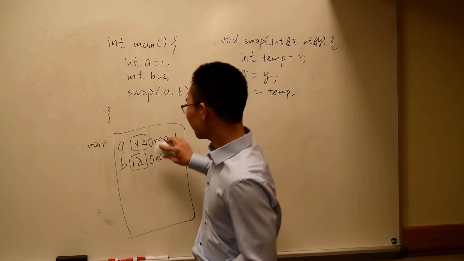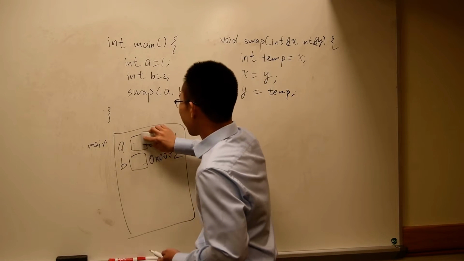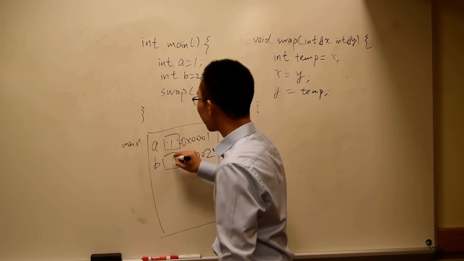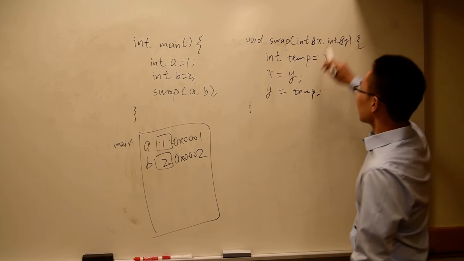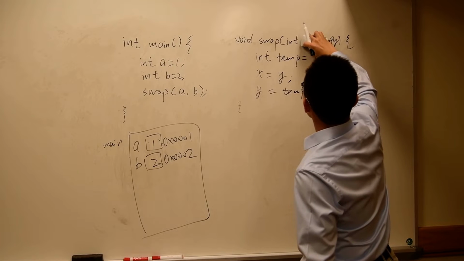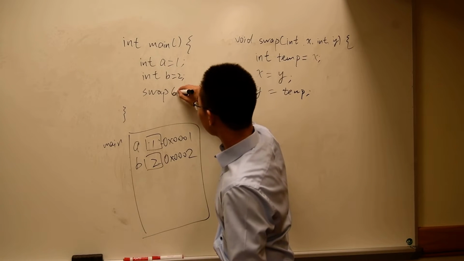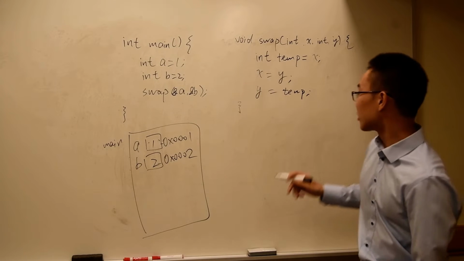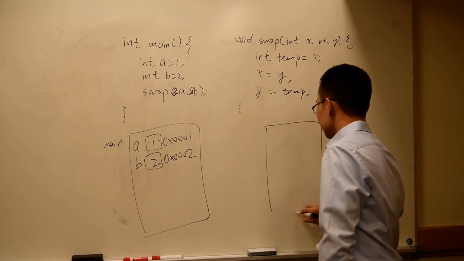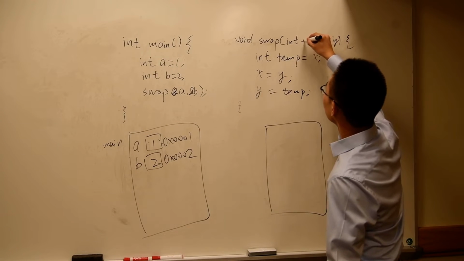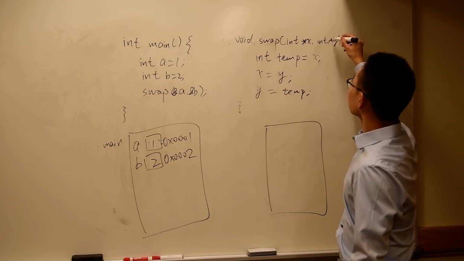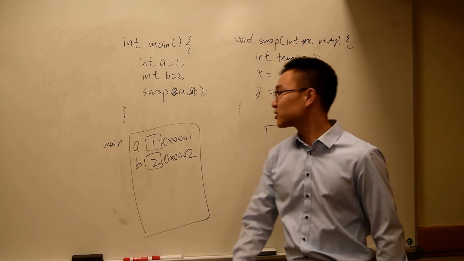Let's look at another way to do it. It's called pass by pointer. In pass by pointer, first, let's get the address of a and b. Pointers are variables that store the address of another object.